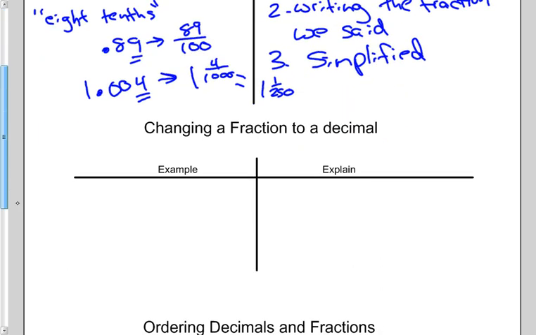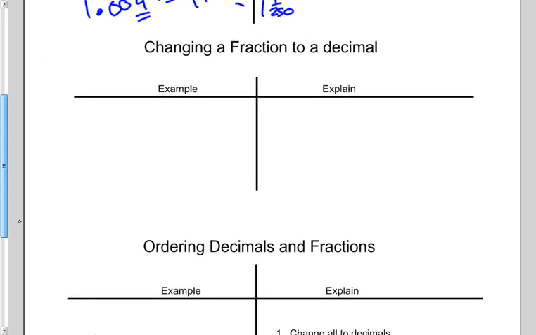All right, how about changing a fraction to a decimal? So if you haven't already, you're going to need to pause and make a second T-chart here. All right, so we have talked about this already this year. When we want to change a fraction to a decimal, let's say we have 2/5. We are simply going to think of this as a division problem. We know that this is another way to say divide, and we're going to divide going down.